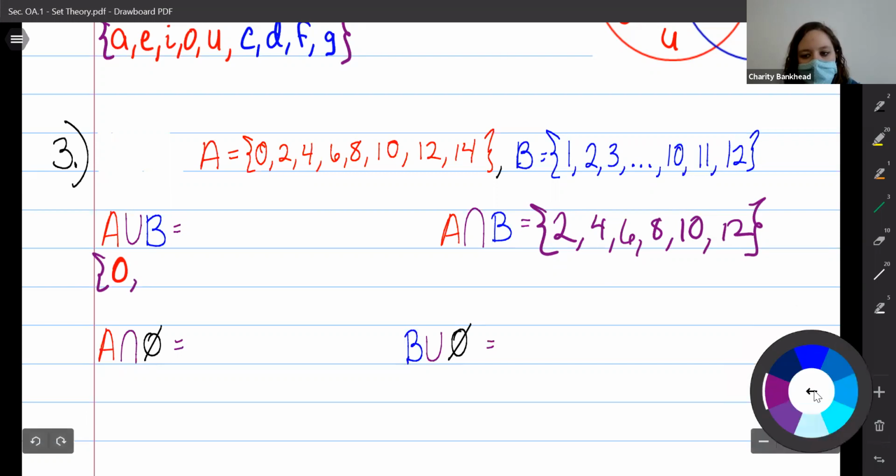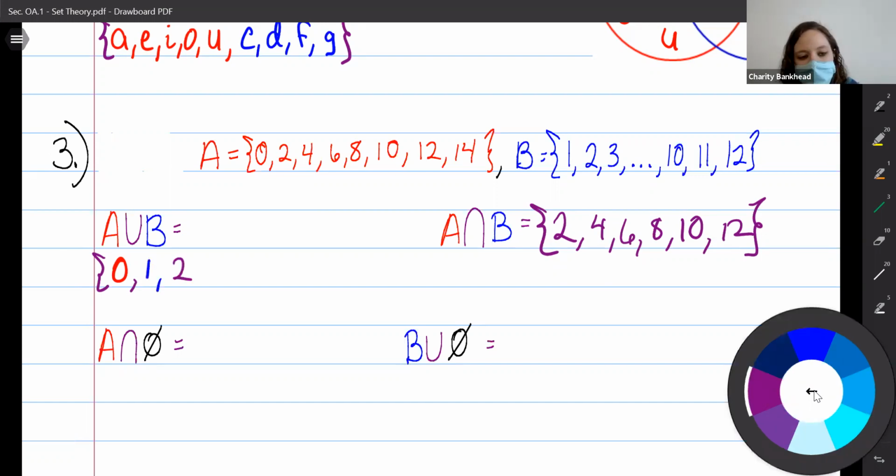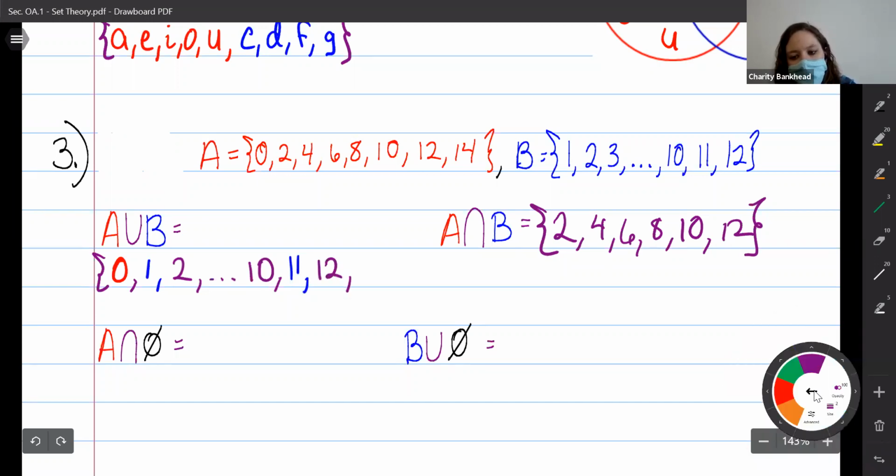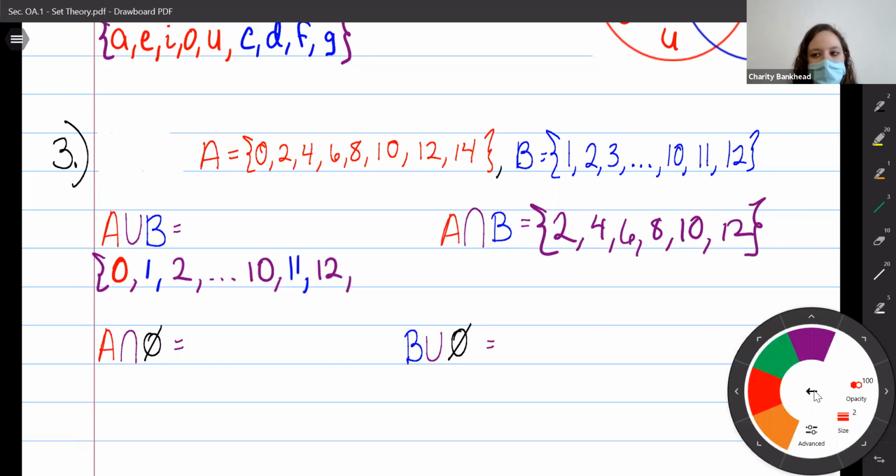We would have 0 and 1 and 2, 3, 4, 5, 6, 7, 8, 9, 10, 11, 12, basically, and 14. So all of the whole numbers from 0 to 12 plus 14.